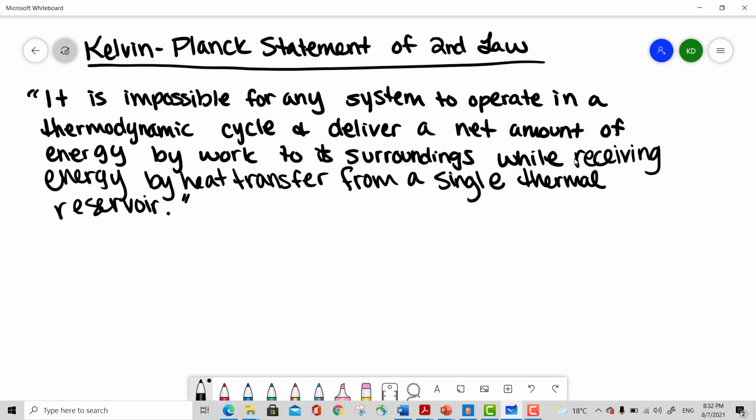This is a long one. It is impossible for any system to operate in a thermodynamic cycle and deliver a net amount of energy by work to its surroundings while receiving energy by heat transfer from a single thermal reservoir.